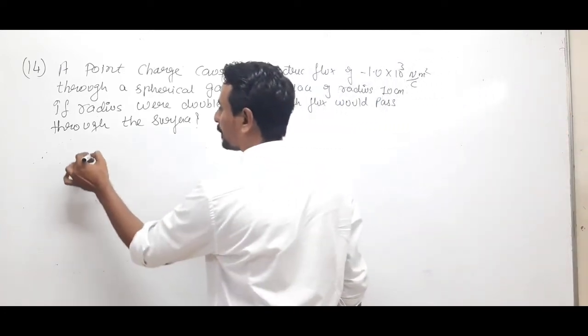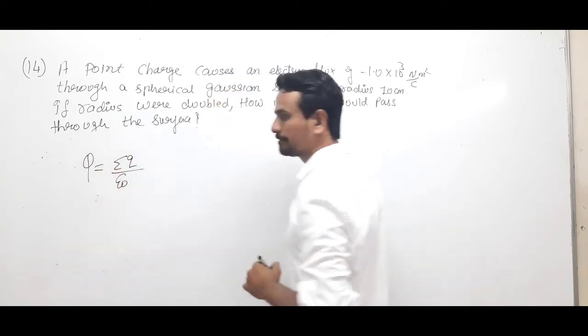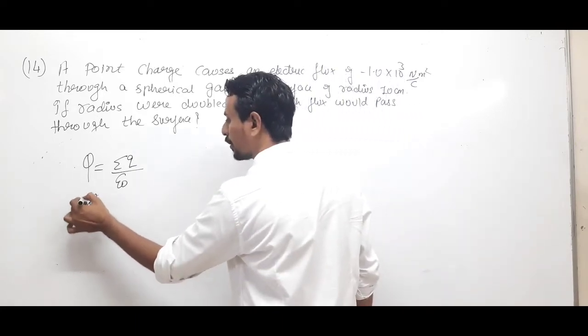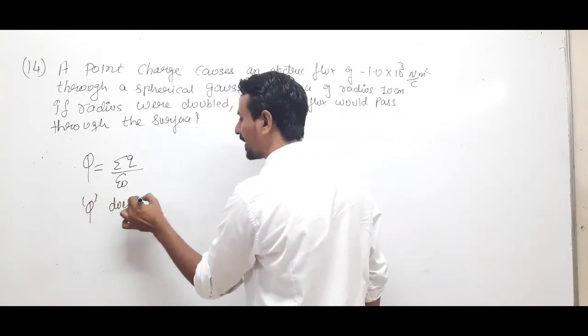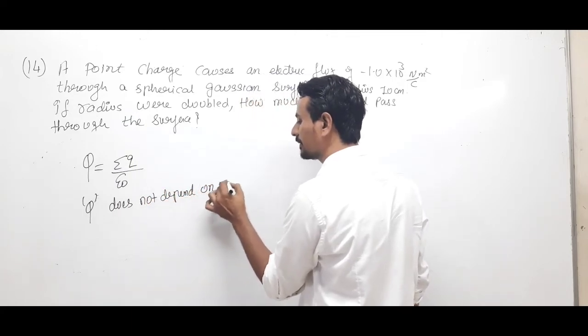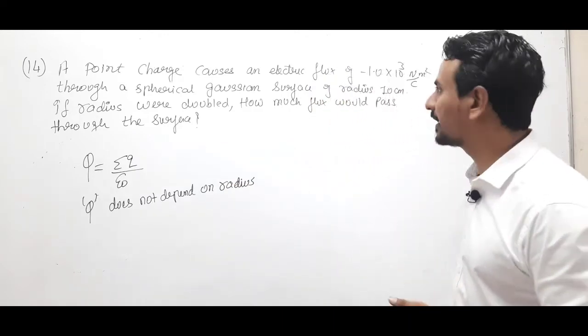As per Gauss law, flux is Σq by ε0. That means the flux through a Gaussian surface does not depend on the radius.